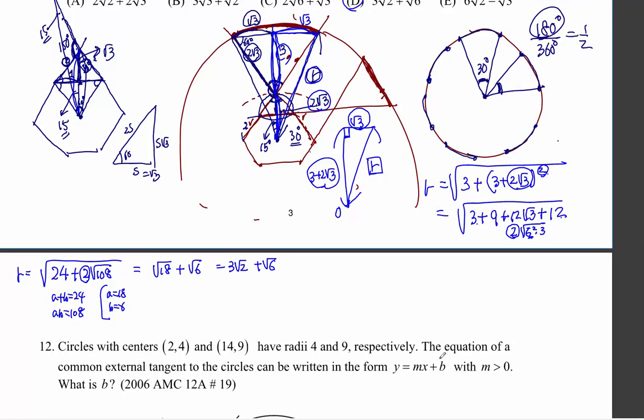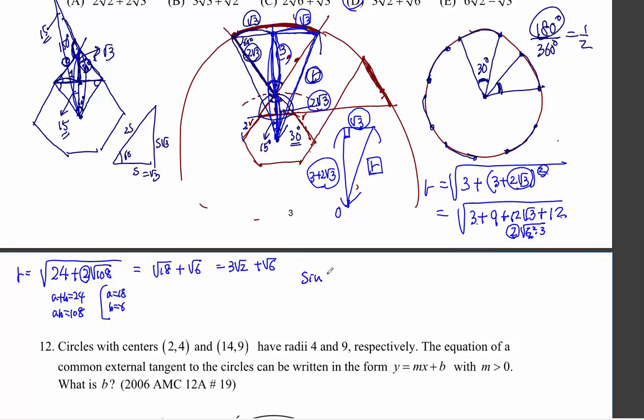Or maybe, if you are strong in trigonometry, you can use trigonometry. Because this one is 15, sine 15, we know that over here we have very simple numbers, root 3 and R, because we don't have to find this length.